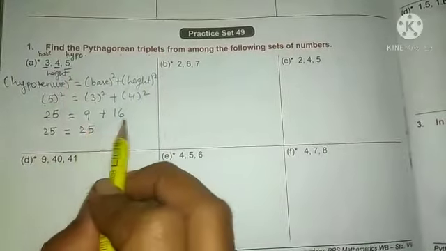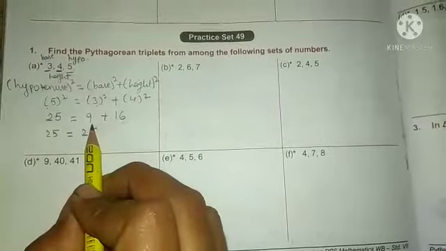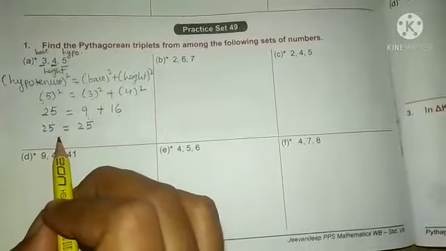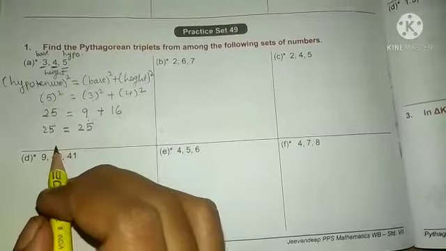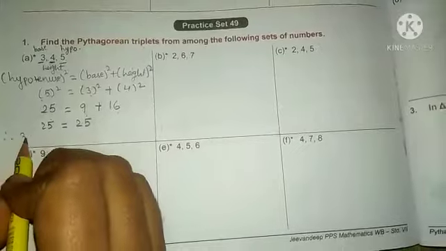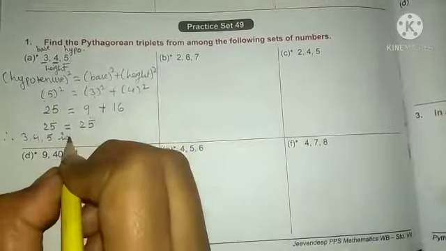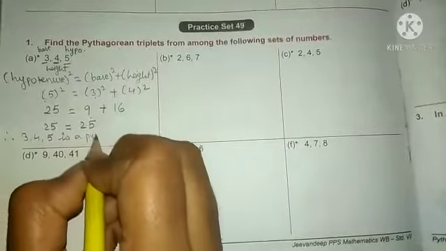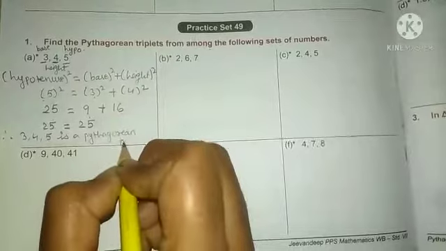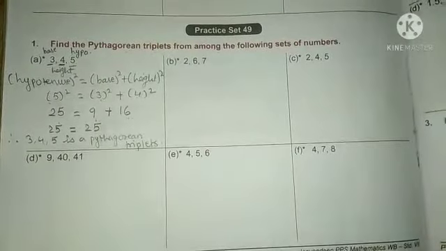If the sum of the squares of these two sides, base and height, is equal to the square of the hypotenuse, it means the numbers form Pythagorean triplets. So here we will write down, therefore 3 4 5 is a Pythagorean triplet. Understood, students, how you will do this?